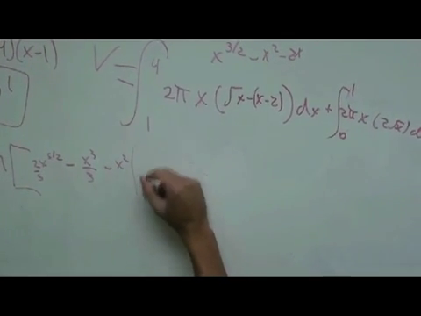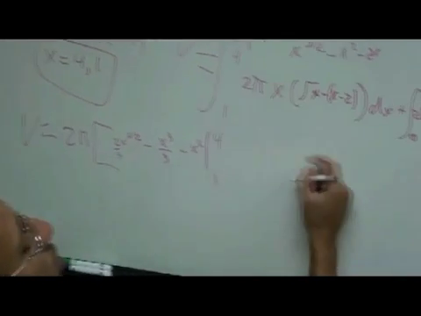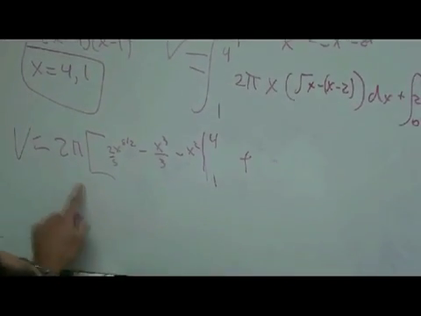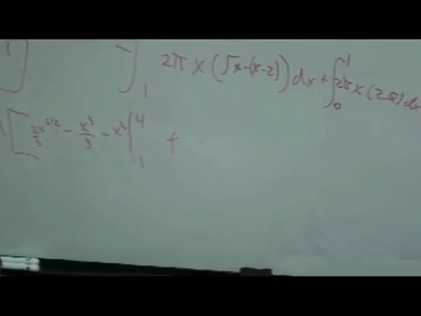And that's from 1 to 4. And then over here, that's going to be plus. And remember, all of this is going to be times 2 pi at the very end.